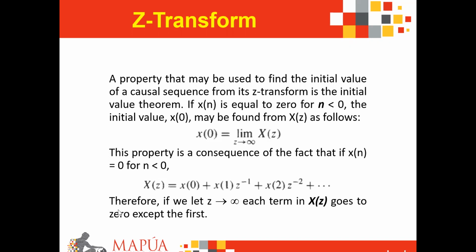So therefore, if we let z go all the way up to infinity, ano lalabas? Each term in your X of z goes to 0 except the first term. Okay? As it approaches infinity, no? So lahat ng term daw doon sa sequence magiging 0, magiging 0 yan, except ito.